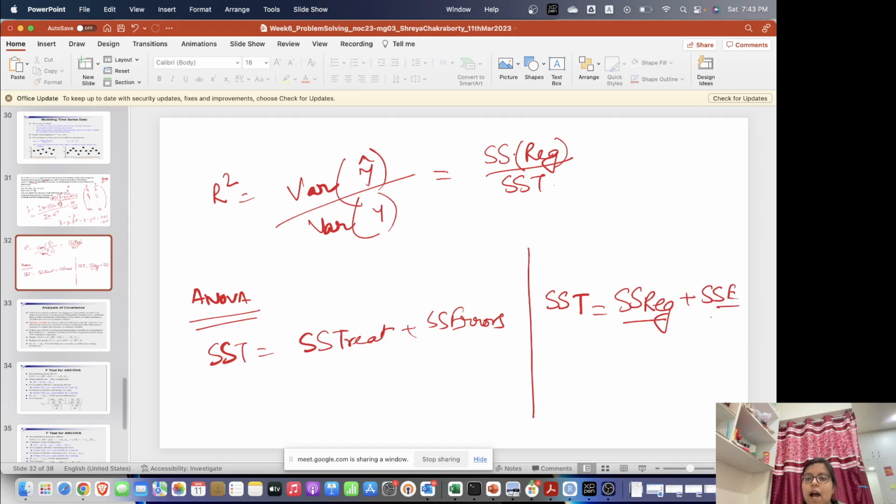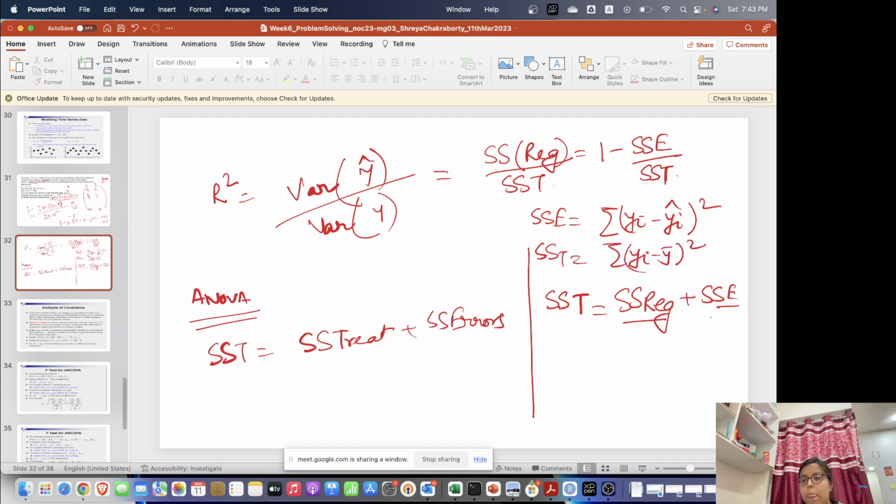Now r square is 1 minus sum of squares due to errors by sum of squares total. SSE is summation yi minus yi hat whole square, and SST is summation yi minus y bar whole square.